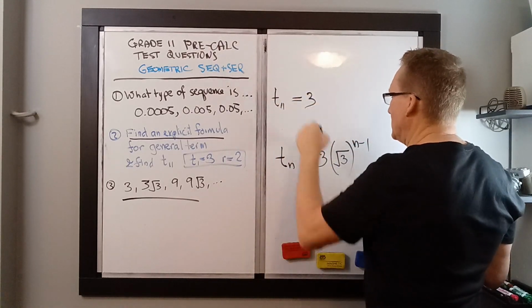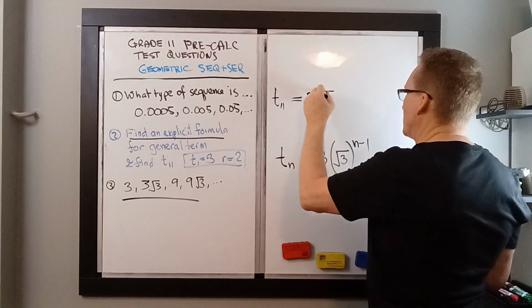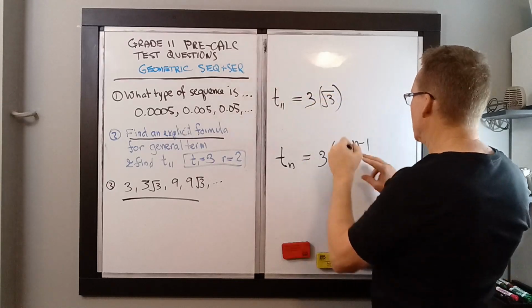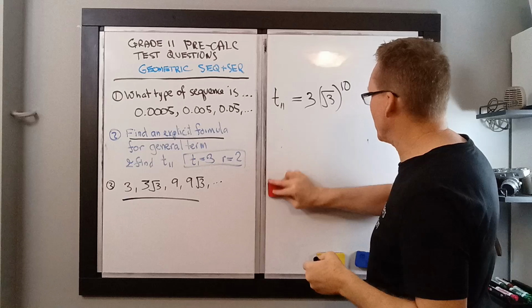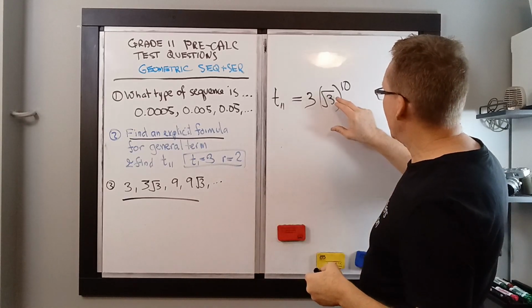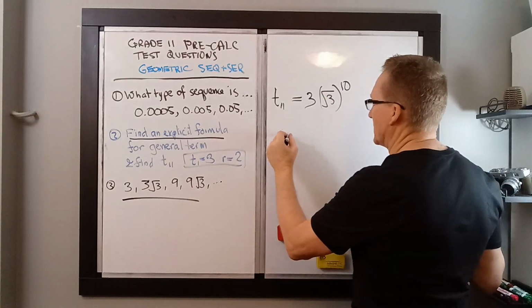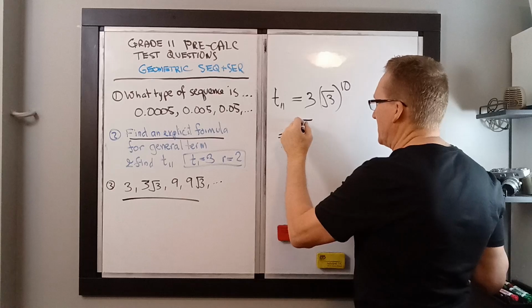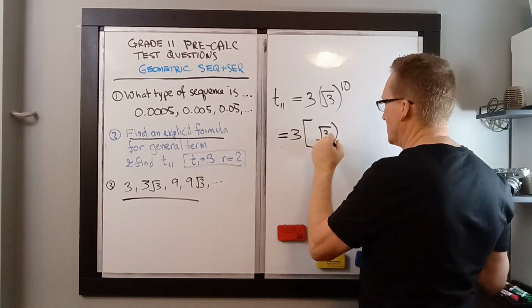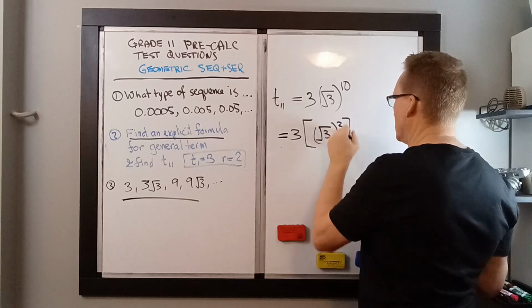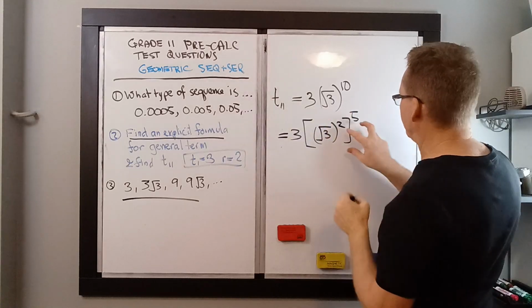We're going to have 3, that's this first term, and then it's root 3 to the 11 minus 1, or to the 10. And that we can simplify a little bit because you have a square root here. Let me just write this all out. It's equal to 3 times the square root of 3 squared to the 5.